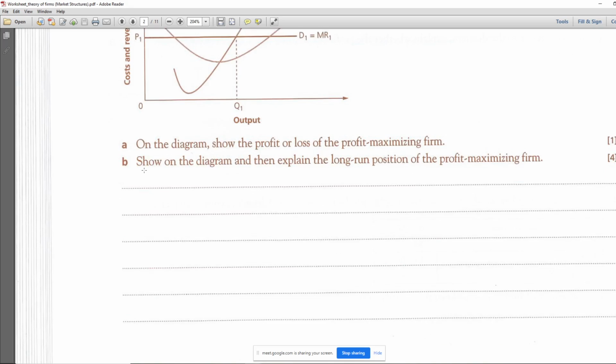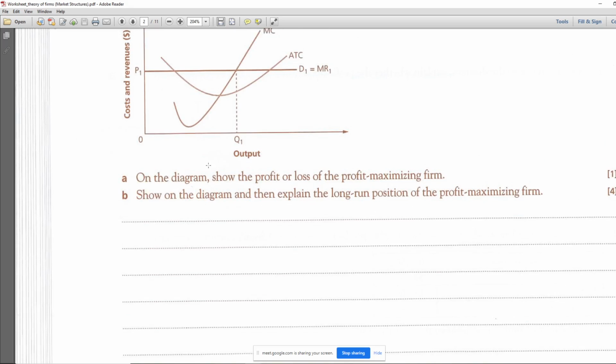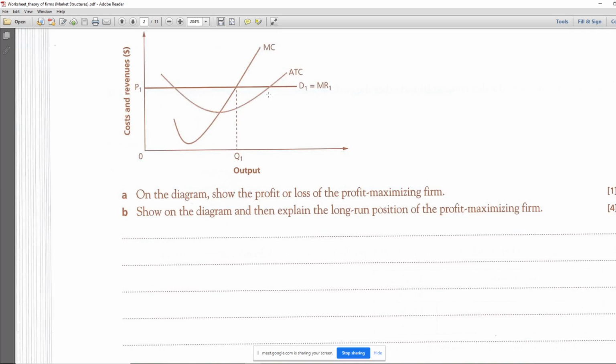So B: show on the diagram and then explain the long run position of the profit maximizing firm. Now let's assume I have shown you the profit area. So where are we going when we get to the long run position? Normal profit.